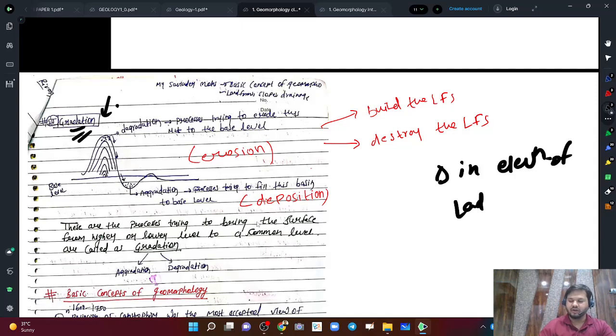So gradation is a process of change in elevation of land from higher or lower elevation to a common level, or generally we use the term base level.